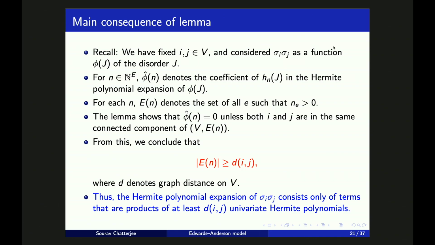So every term in the expansion that's present is a product of a lot of univariate things. Any questions so far?